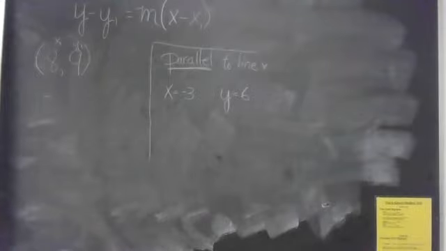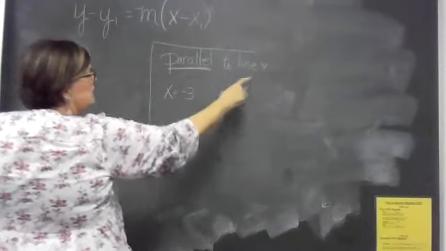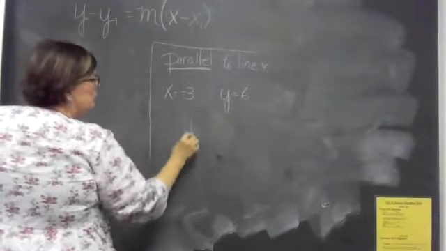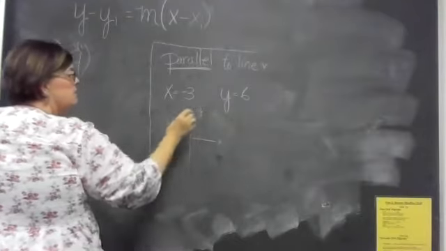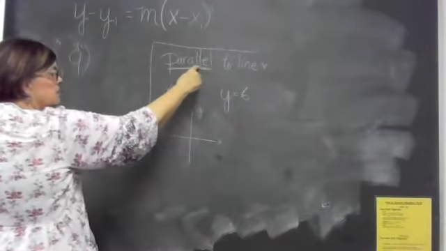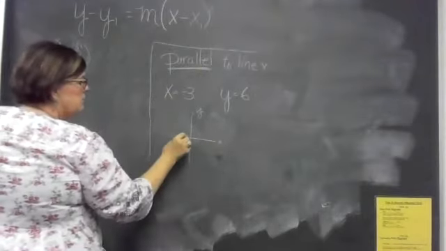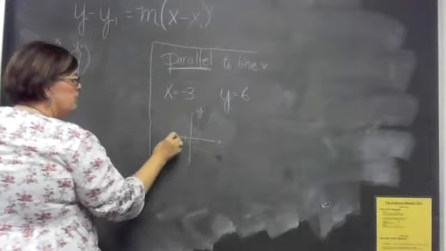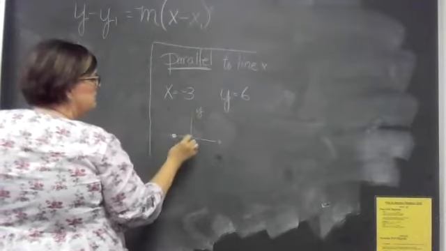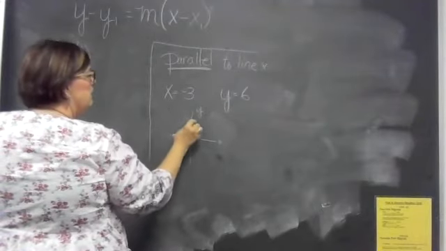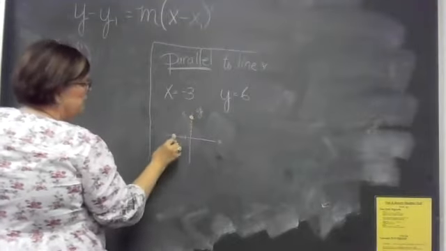So you need to think about this. It says parallel to the line V that goes through here and here. Well, think about this, okay? Here's the X-axis, here's the Y-axis. So they said this line right here goes through X equals -3. So here's X, 1, 2, 3. Here's that point. And then Y equals 6. 1, 2, 3, 4, 5, 6. Here, this is 6, and this is -3.